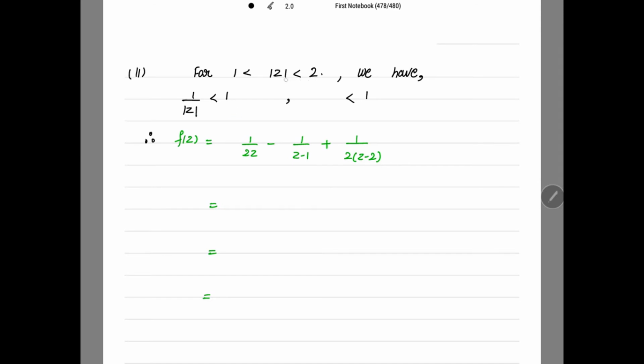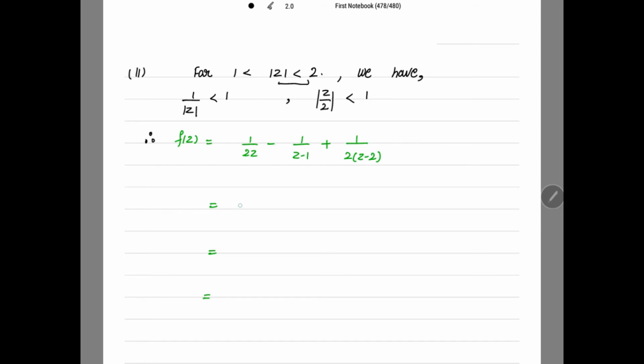And from here, I can say that mod of z by 2 is less than 1 if I take 2 in the denominator of this mod z. So I got two things, 1 by mod z less than 1 and mod of z by 2 less than 1. Again I'm telling you, we just have to keep in mind something of z which should be less than 1, then only we can expand. Right? So now on the basis of these two conditions, I have to expand.